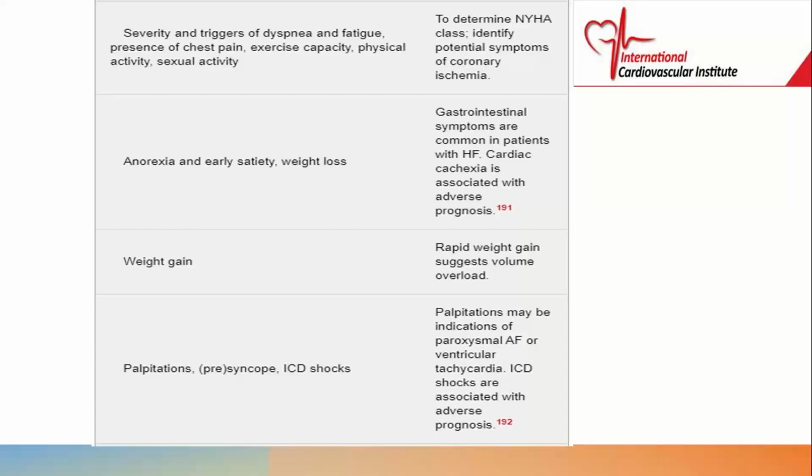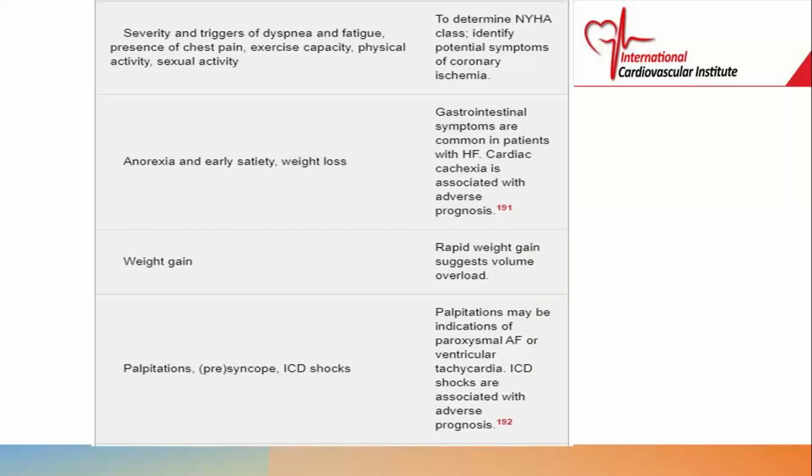palpitation. So the patient may have palpitation, heart fluttering, heart racing, feel faint. If they have an ICD in place, they get a shock. So palpitation is going to tell you whether the patient's having some type of arrhythmia, and a fairly common arrhythmia in dilated cardiomyopathy is atrial fibrillation.